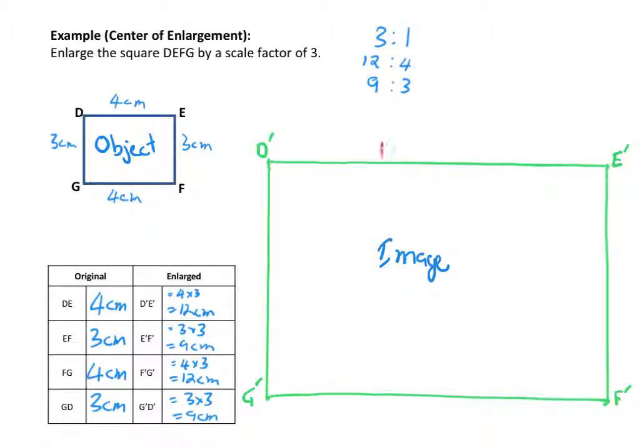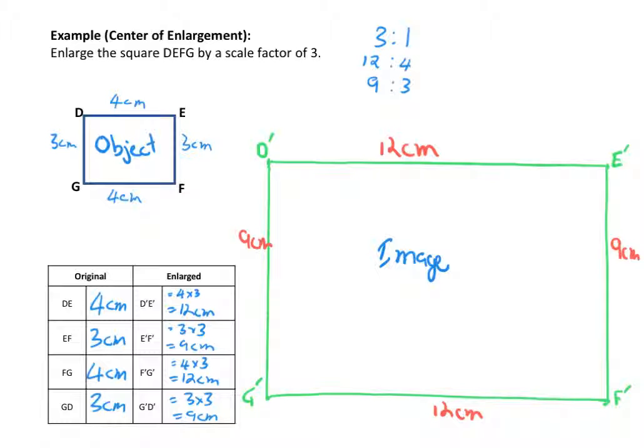And it's going to have sides of 12, 9, 12, and 9. So that's the first way I can use a scale factor to draw an enlarged image from the original object.